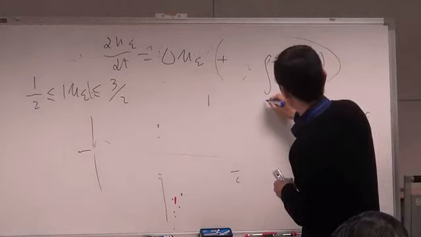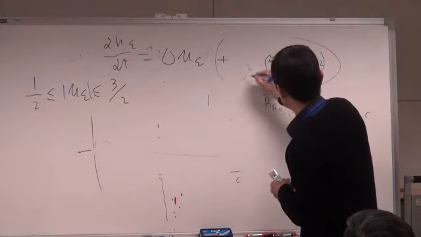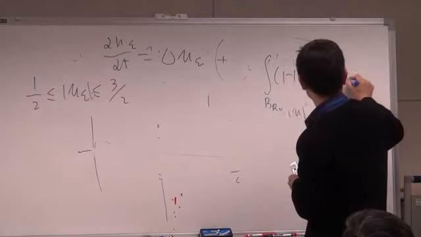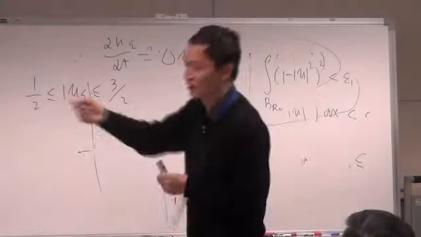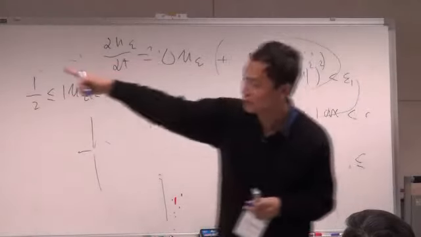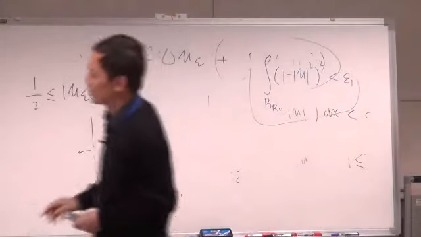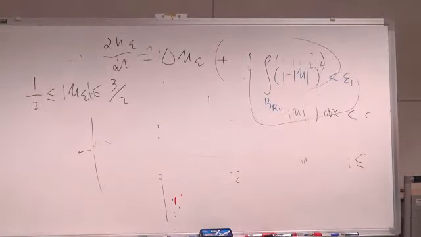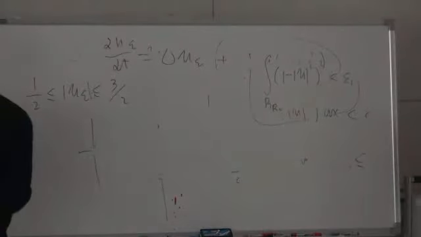So this is a small ball, B0. This may be less than epsilon. And if this is not true, you get a contradiction. Since this is bounded, then you can get Hölder continuous. You found a contradiction. So in that case, you proved U epsilon must be inside 1/2 and 3.